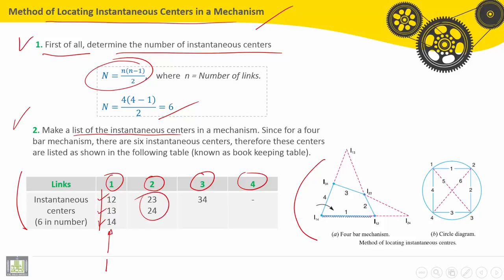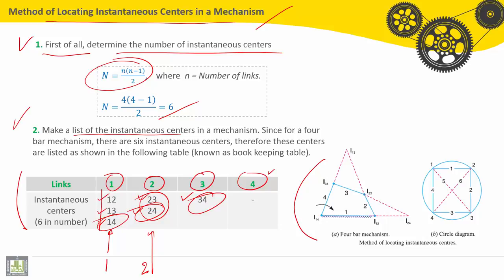For the second link, we list I23 and I24, starting with 2. For the third one, we have I34, starting with 3. And for the fourth link, it is already done: we have I14, I24, I34.